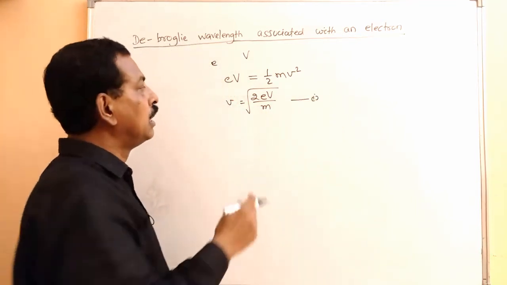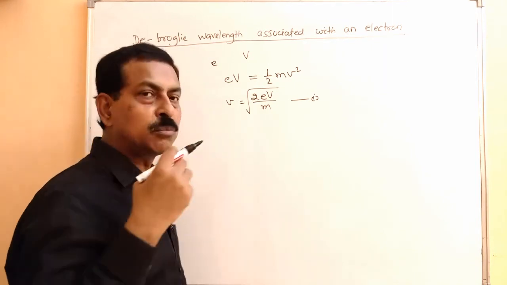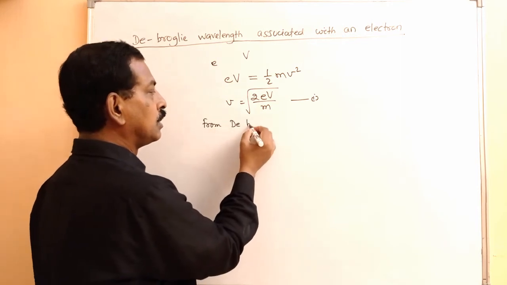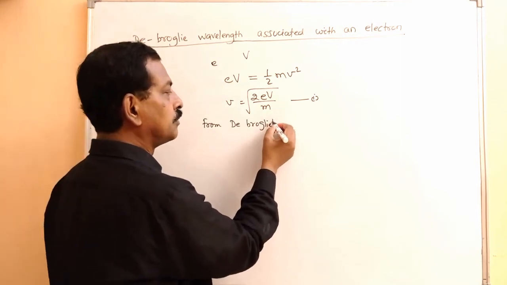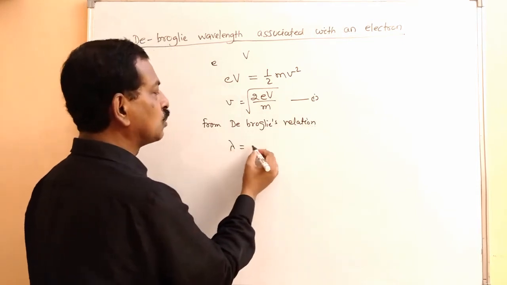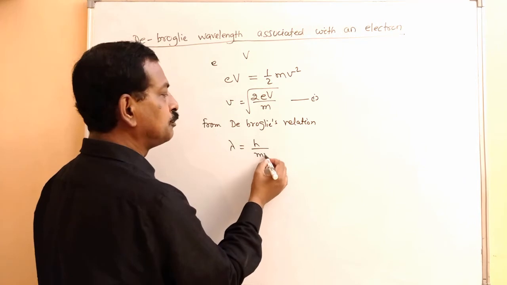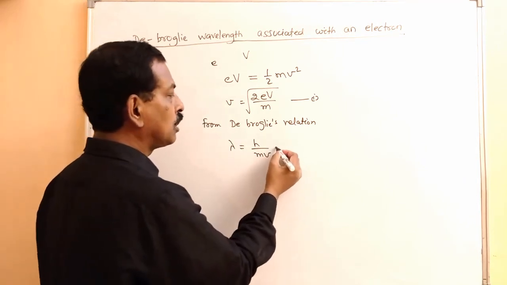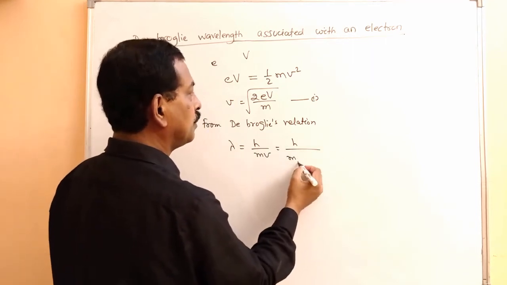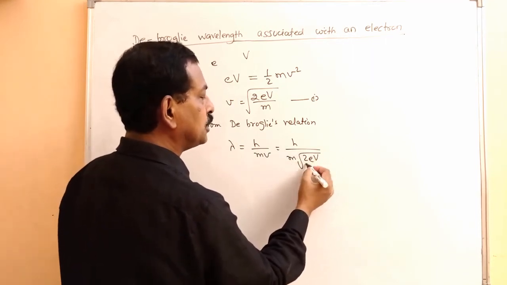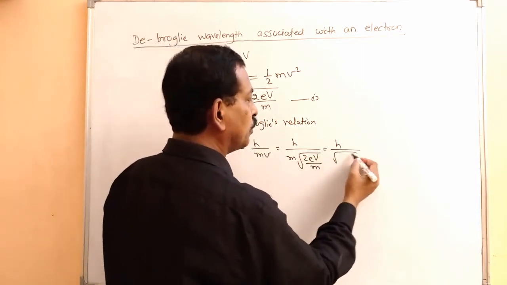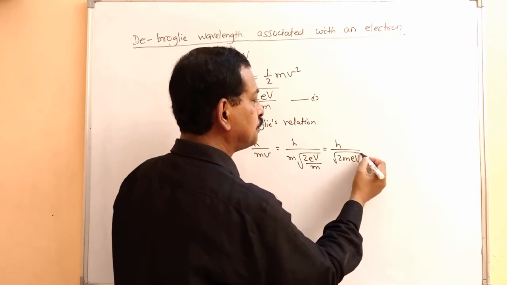Now, if we take de Broglie's relation, what do we get? Lambda equals h by mv. For v, we substitute this one, so it is h by m into root over 2eV by m. This will be equal to h by root over 2meV.